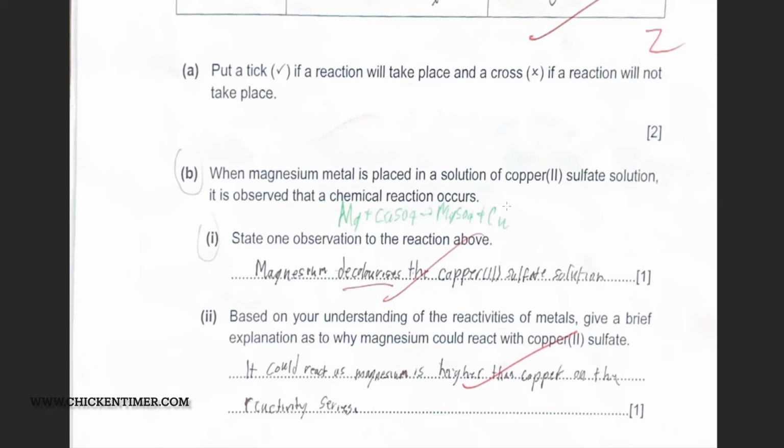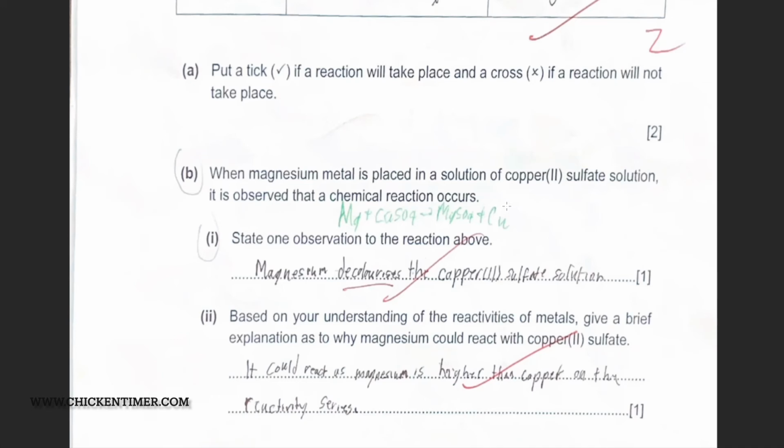But they might be expecting, say, a red-brown precipitate is observed, because magnesium will displace copper from copper sulfate. So the magnesium dissolves and the copper metal appears, so there will be red-brown precipitate or deposits at the bottom of the flask.